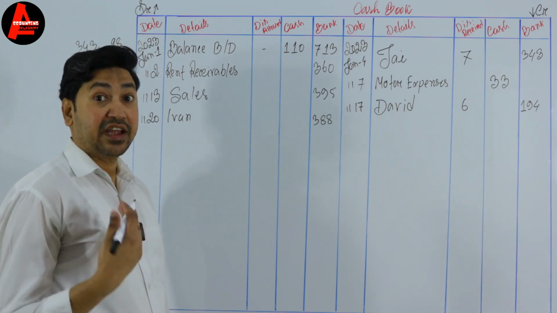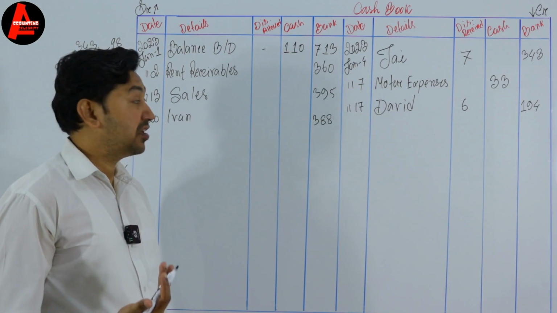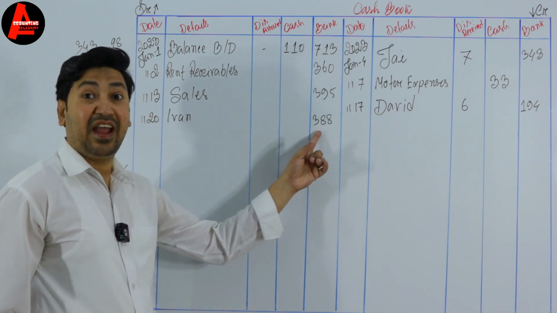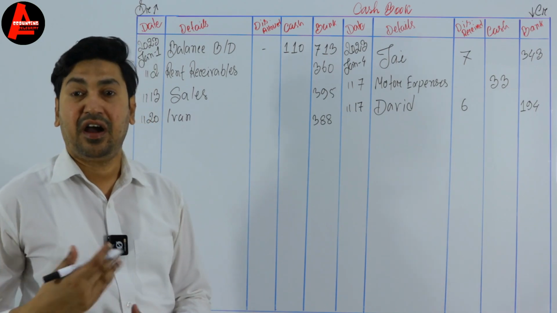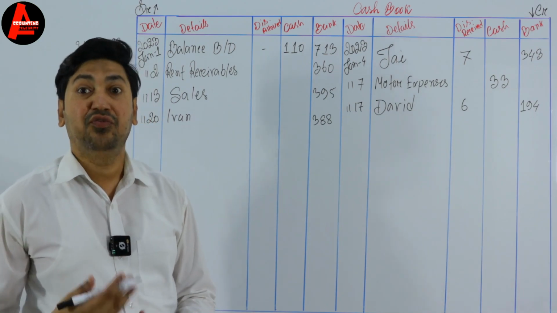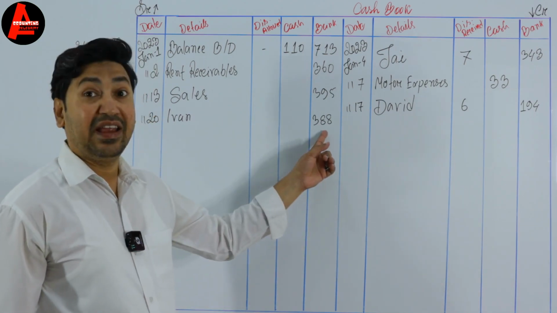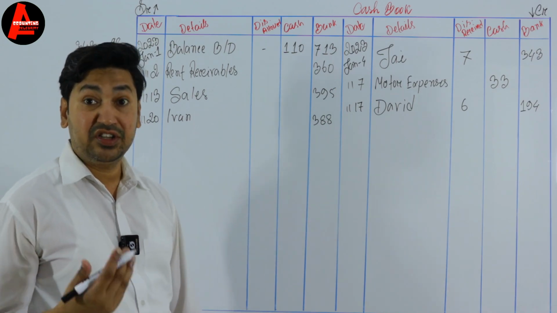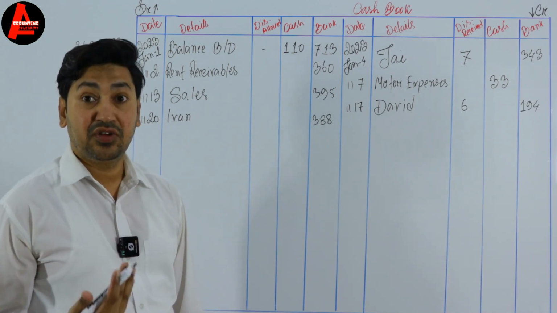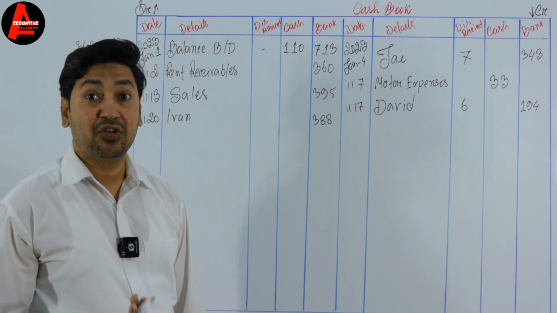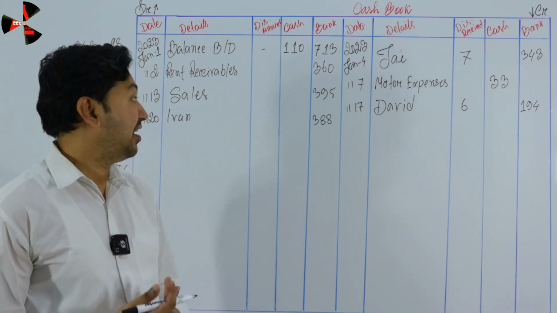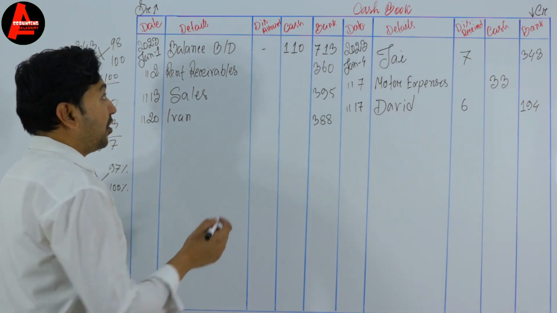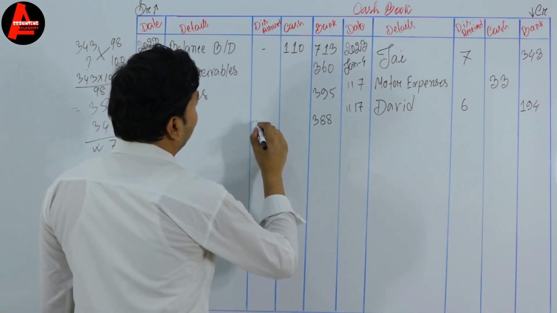In settlement of 400, we received $388 from Ivan. So what about the rest of the amount? 400 minus 388 equals $12. So this $12 is a discount which is allowed by this business. We will write this amount on the discount allowed column.